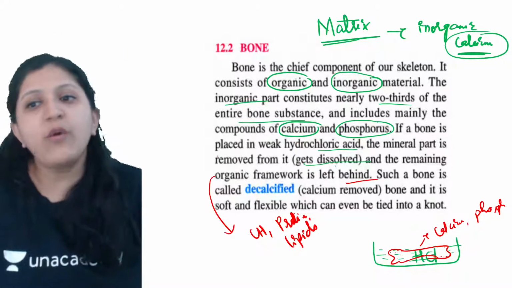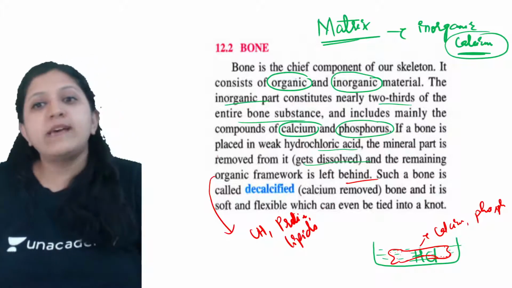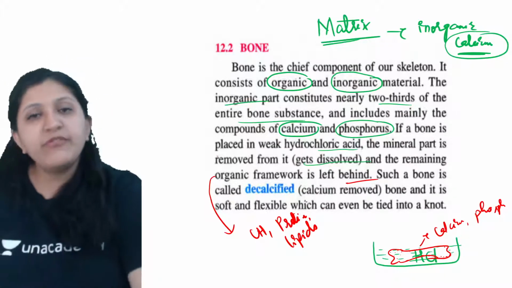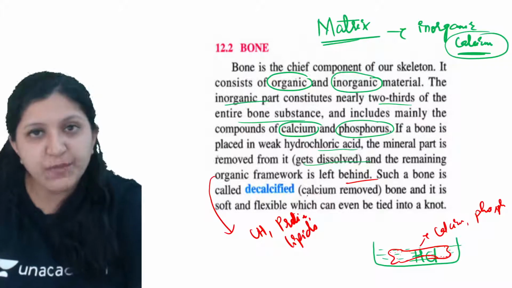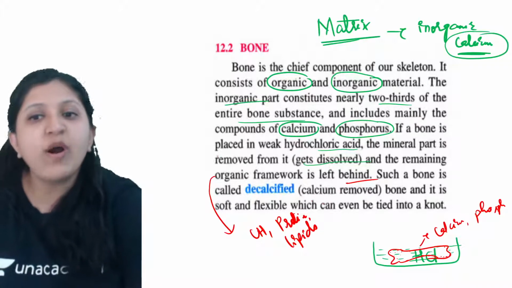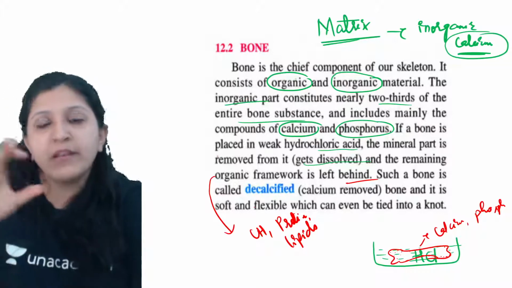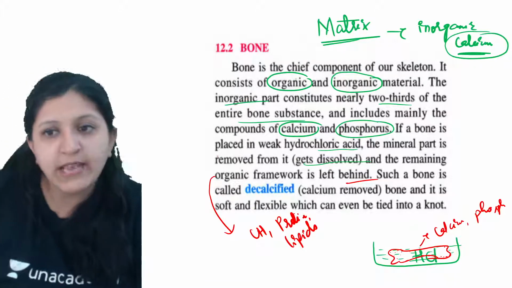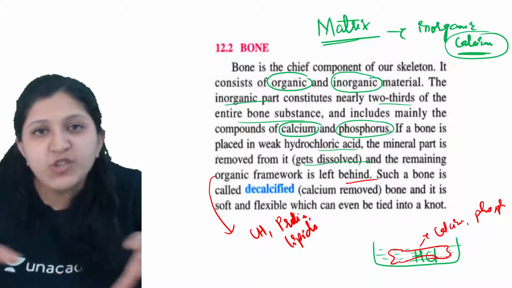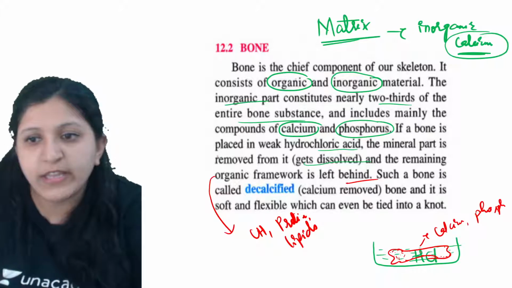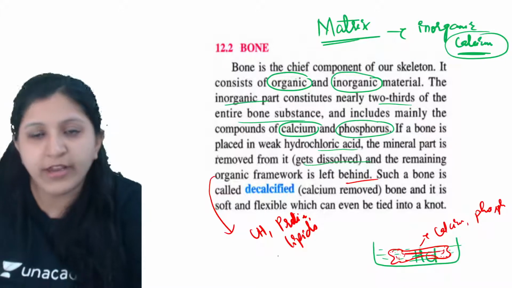Now such a bone is called a decalcified bone. That means the bone from which the calcium is removed, we call the decalcified bone. The mineral part is gone, only the organic part is left out, and in the center we will find the organic part.